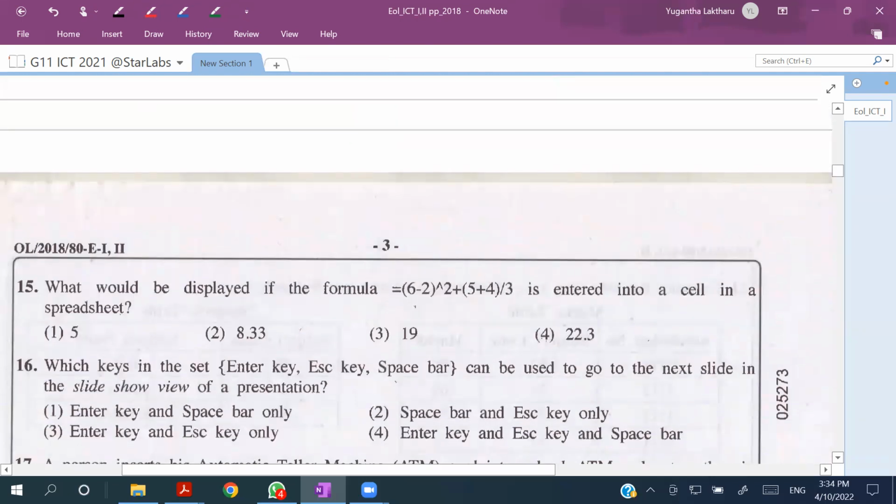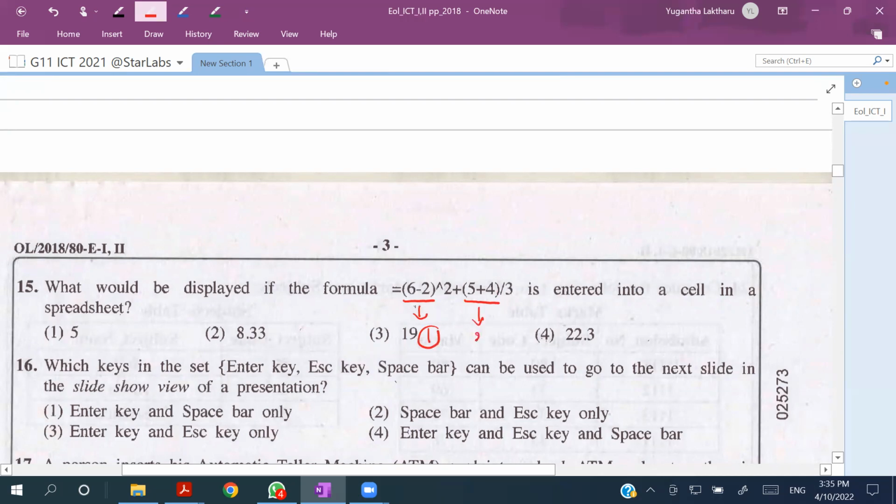Going to the 15th, what would be displayed if the formula goes like this into a cell in this spreadsheet? Now when there are a lot of operators, we have to think about the precedence. First the brackets, then the powers, then the divisions and additions. These two things in brackets will be considered first, and apart from those, this is going to be considered the very first one.